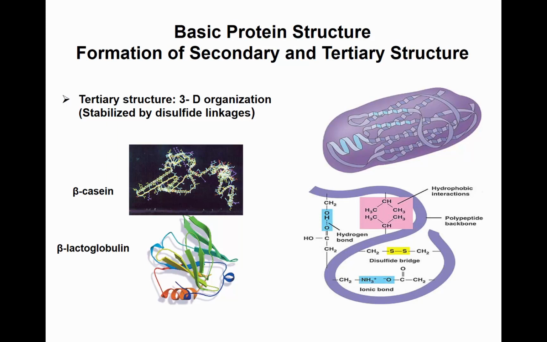So here are different structures. You have the beta-casein and the beta-lactoglobulin. Beta-casein is one of the caseins in milk, and beta-lactoglobulin is one of the proteins in whey. Beta-lactoglobulin has a compact globular structure because it's composed of a relatively equivalent distribution of polar and nonpolar residues.